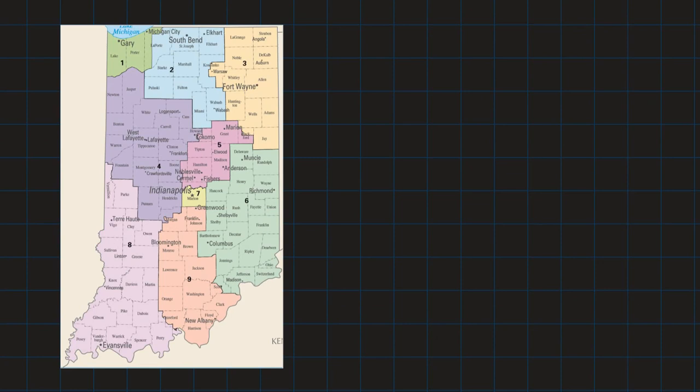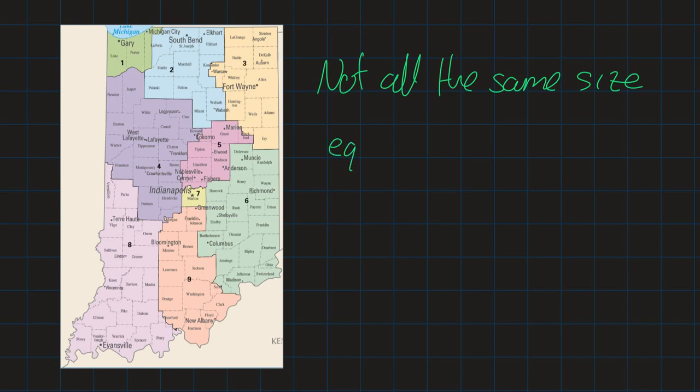I think it's been in effect since 2012, and they tend to redraw it after the census, because notice a few things, like they're not all the same size. Not all the same size, but they are supposed to have roughly equal populations.